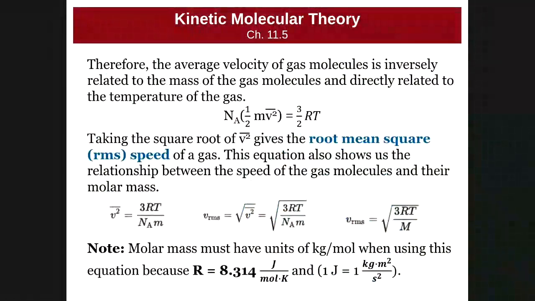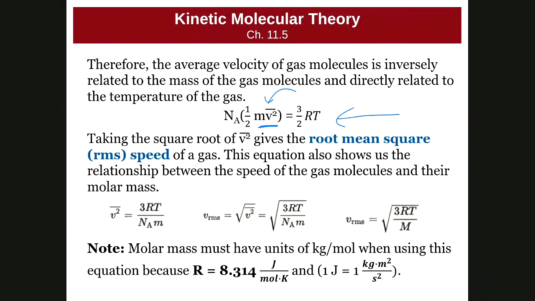So if we set those two things equal to each other, we can say that the average squared velocity here is inversely related to the mass of the gas molecules, because they're both on the same side of the equation. They are inversely related because you would move one to the other side.